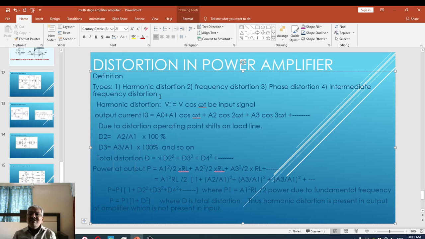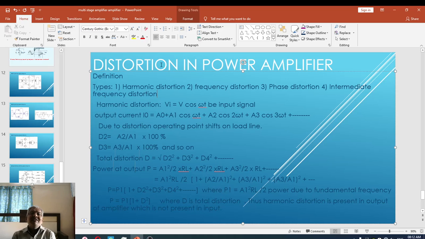If any change in the intermediate frequency takes place, then we can say there is the existence of intermediate frequency distortion. Friends, all these are the types of distortions which are likely to appear in the power amplifier.